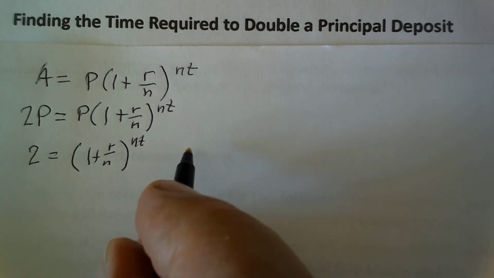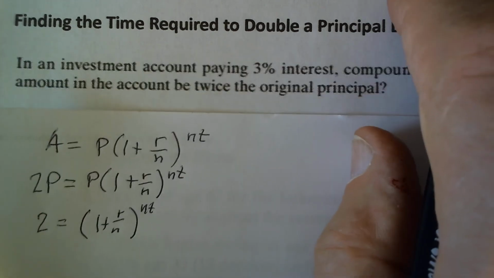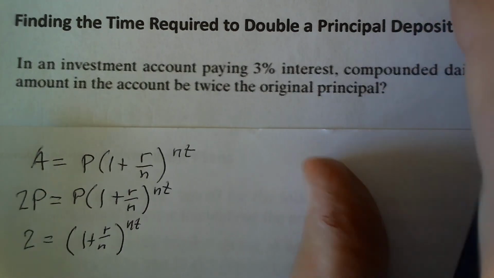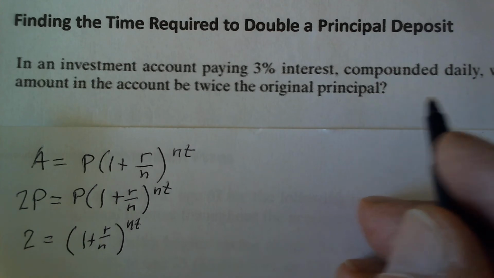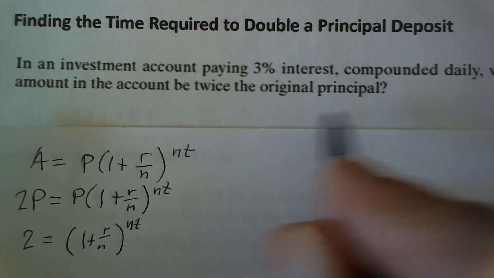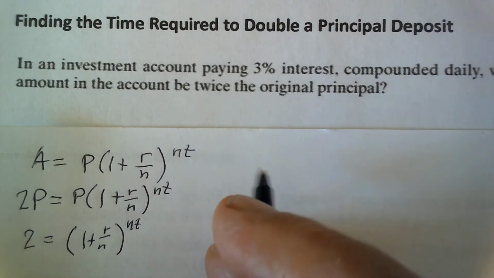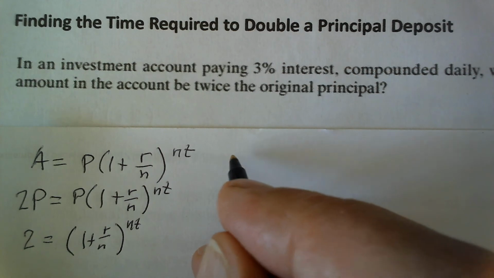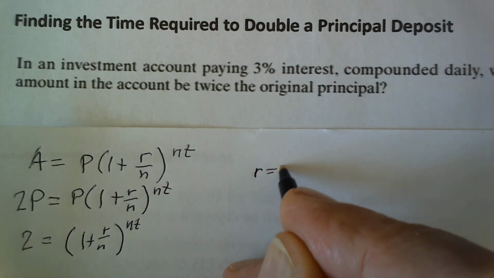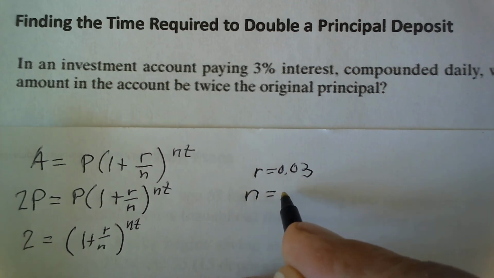And so if an investment account is paying 3% interest, here's a specific example, and is compounded daily, then when will the amount in the account be twice the original value? So now we have R equal to 0.03 and N equal to 365.